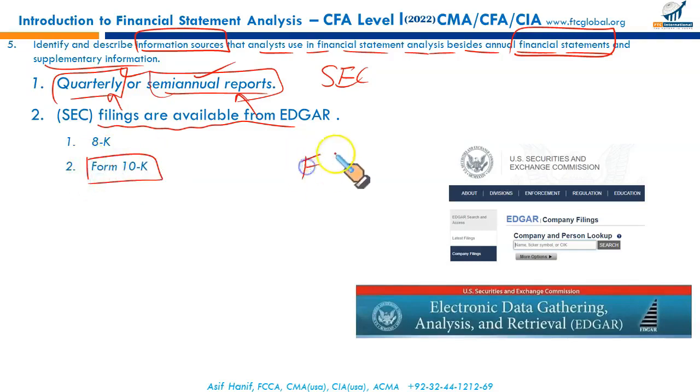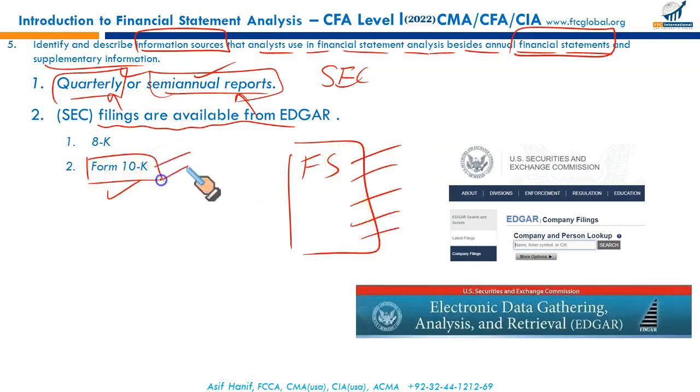If you submit your financial statements, including balance sheet, income statement, and the complete set of accounts, similar information is included in 10K. So you as a company cannot defy submitting the 10K form because you have submitted the financial statements. Everything that is there in 10K is already there in the financial statements.